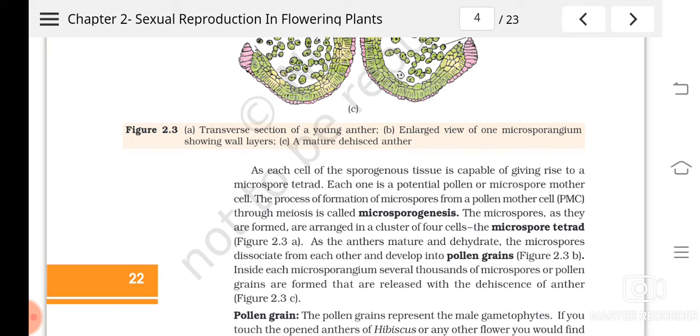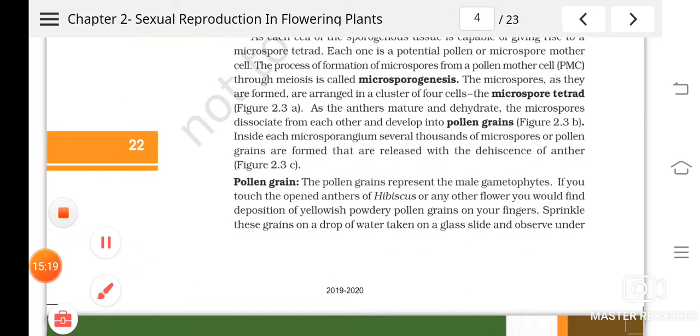Is it clear? Now, these pollen grains, if you see the structure, the pollen grain is not the gamete; it can be called the male gametophyte. So what is the structure of a pollen grain?